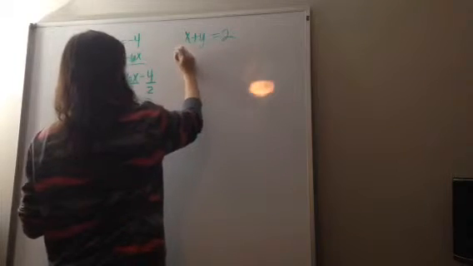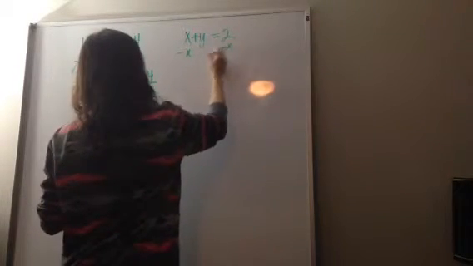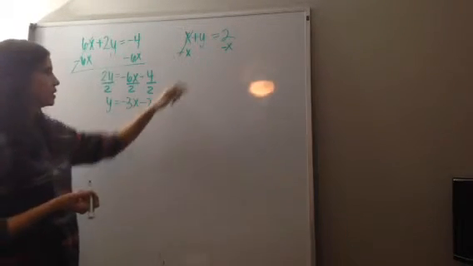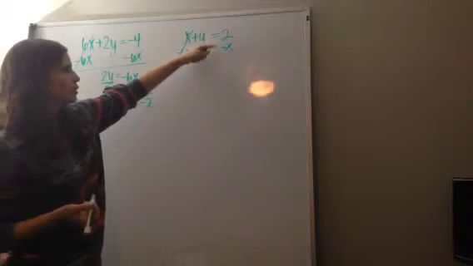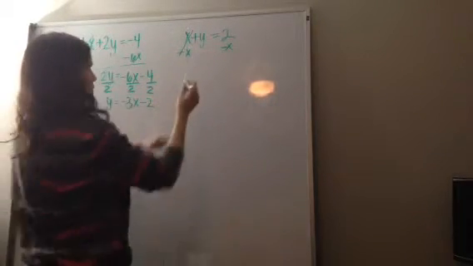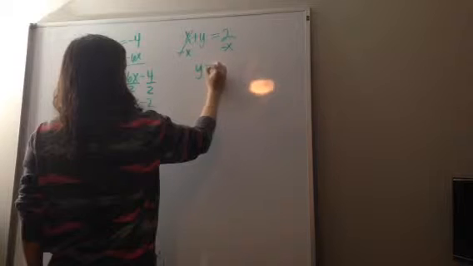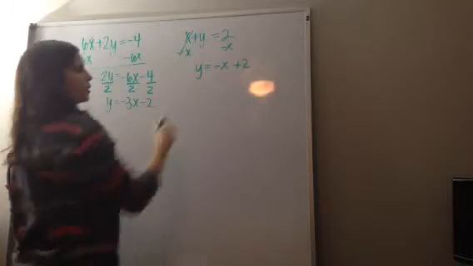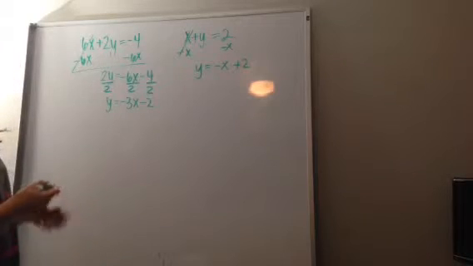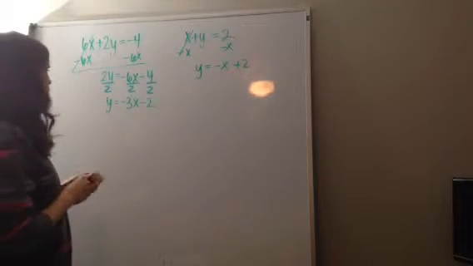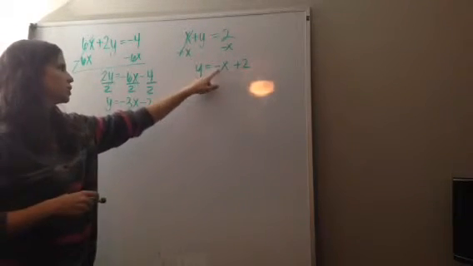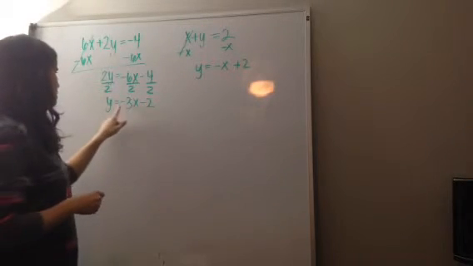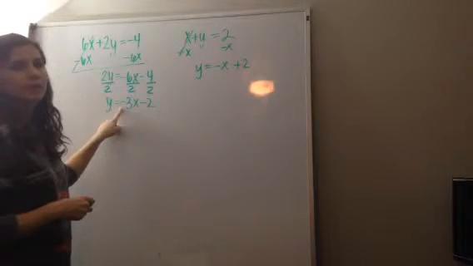So then we're going to have to minus x. So then these are not like terms. So I can write it as 2 minus x, or -x plus 2. Since that's a positive 2, we can write plus 2. Okay, so if I'm looking at these right now, I'll look at the slopes, which this one is -1, and this one is -3.